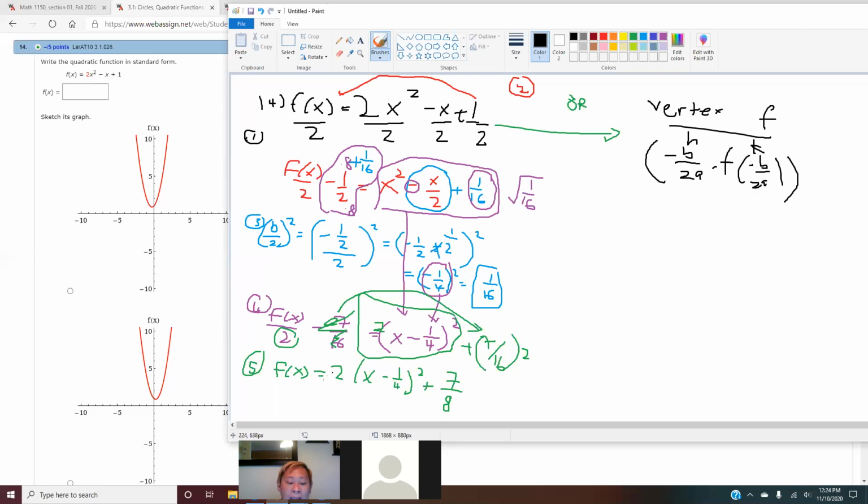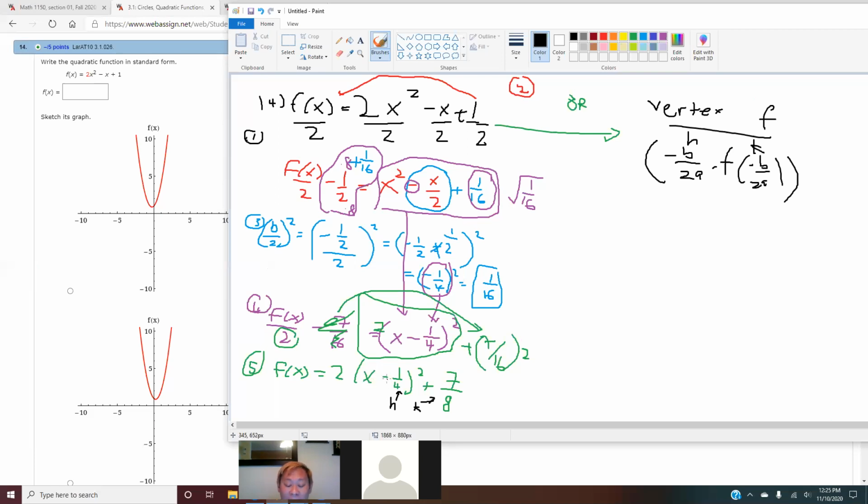So when you use this completing the square, your h in this case is 1/4, and your k in this case is 7/8. Do not forget that your h, the sign has to be switched.